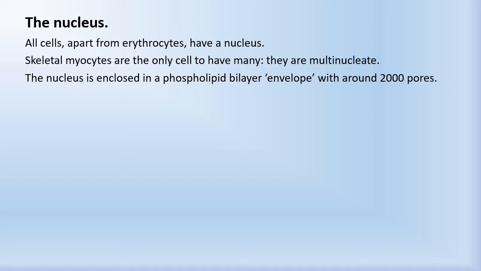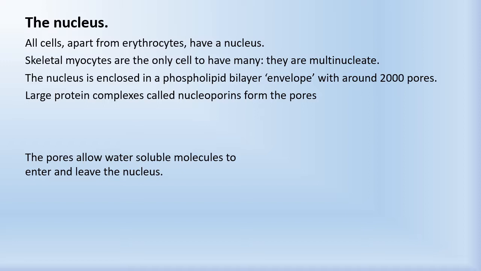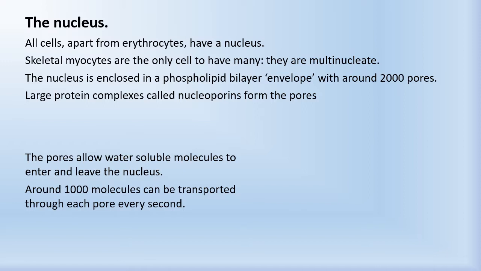This is exactly like the plasma membrane, and this has around 2,000 pores. Large proteins called nucleoporins form the pores, and the pores allow water-soluble molecules to enter and leave the nucleus. Around 1,000 molecules can be transported through each pore every second.